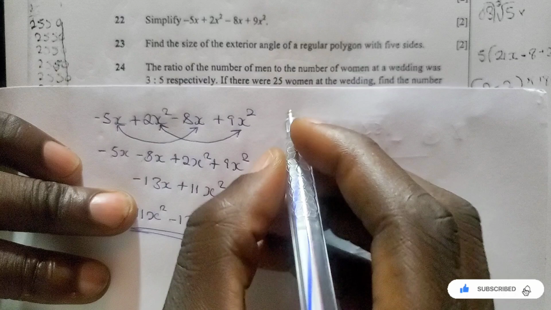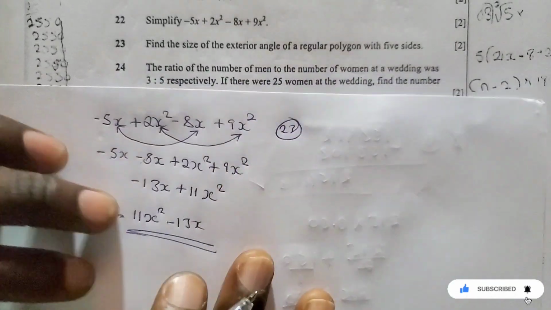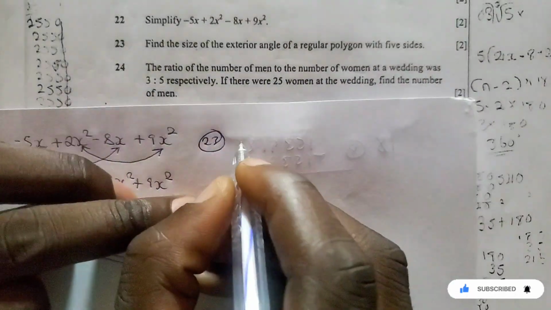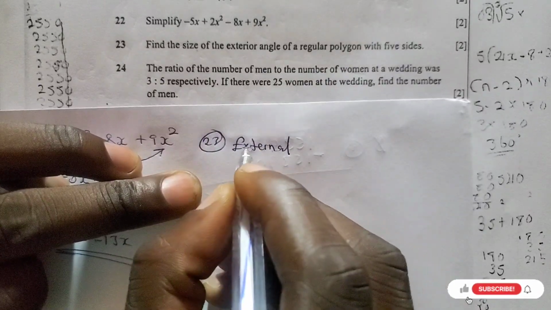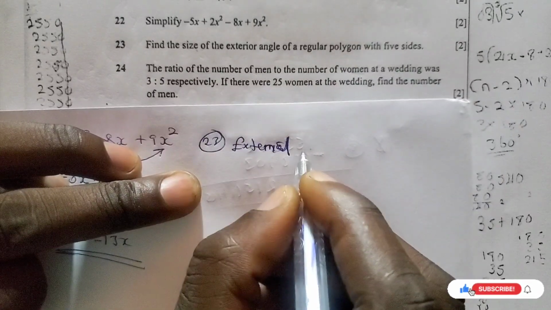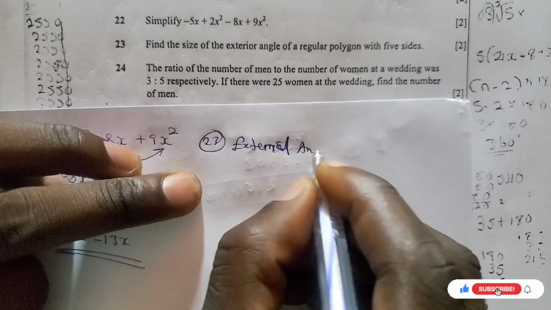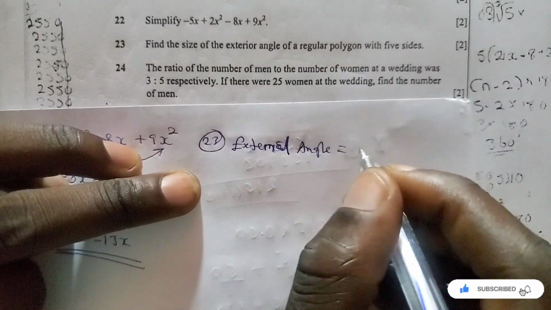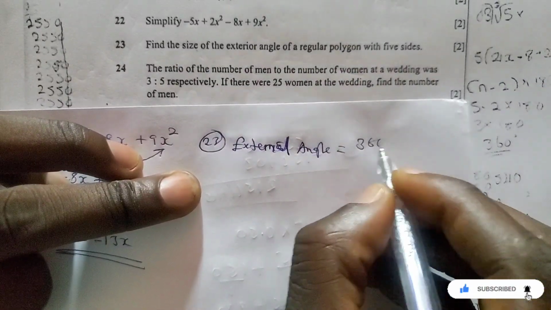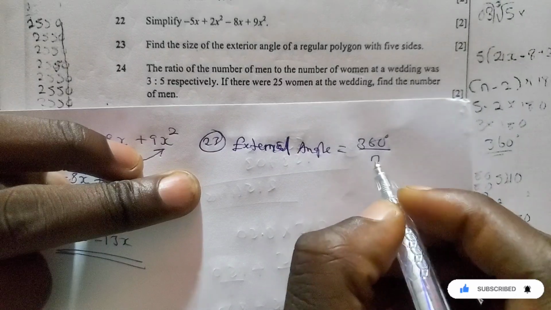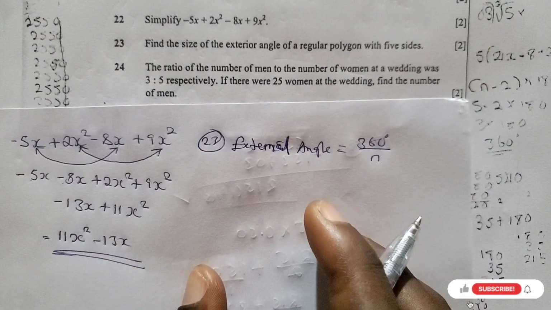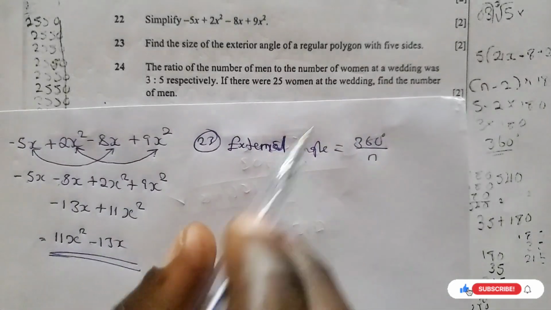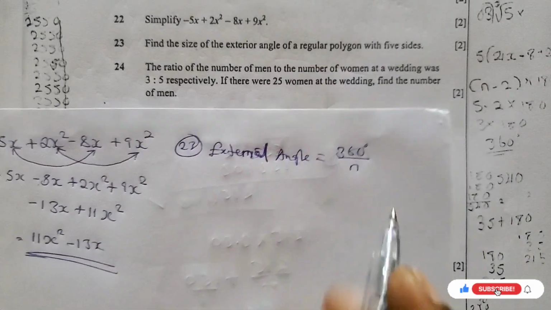Listen, the formula for calculating the exterior angle of a regular polygon: exterior angle is equal to 360 degrees divided by n. This n is the number of sides in that regular polygon.